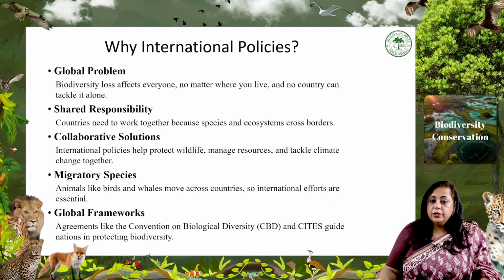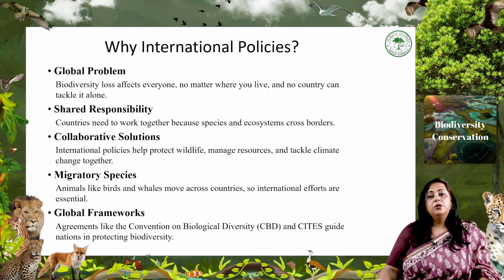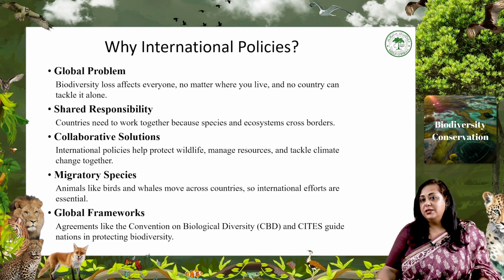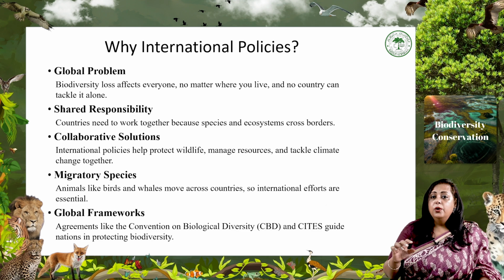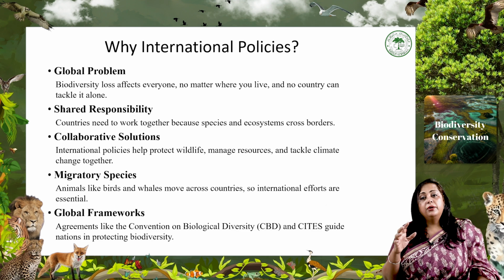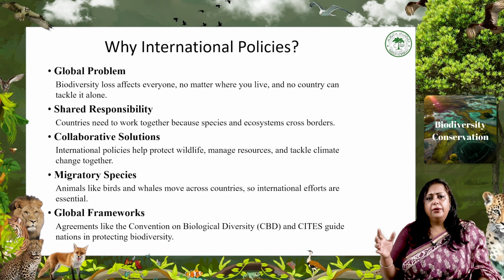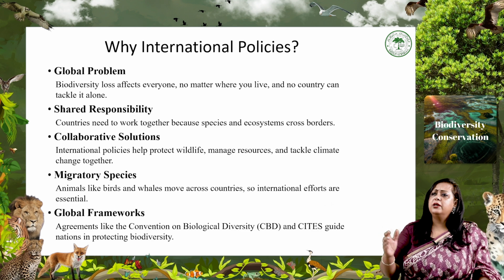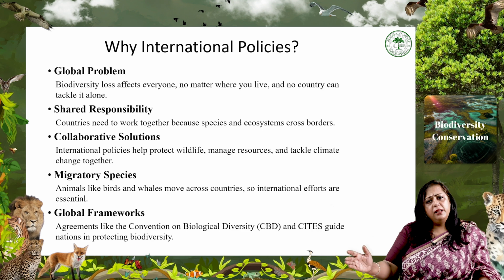Countries need to work together, because species and ecosystems cross borders. For the species and the ecosystem, the political boundaries don't matter. There are many national parks and protected areas which are at the international boundaries. They don't bother about the political boundary. If an animal has to move from India to Nepal, they will.